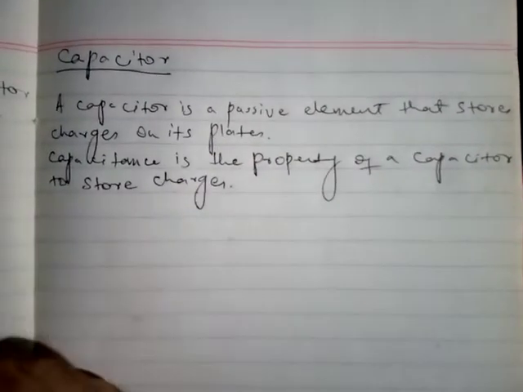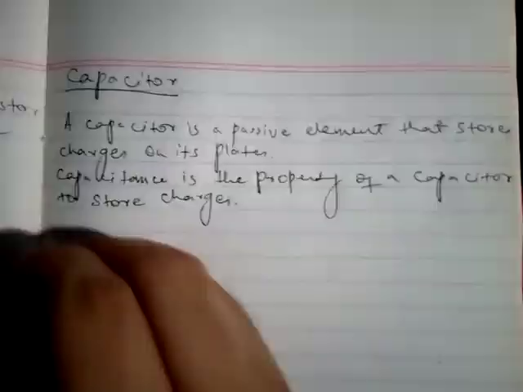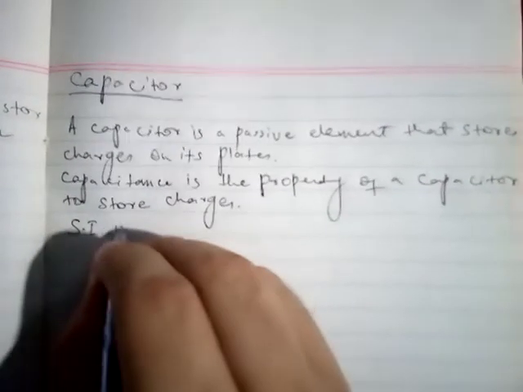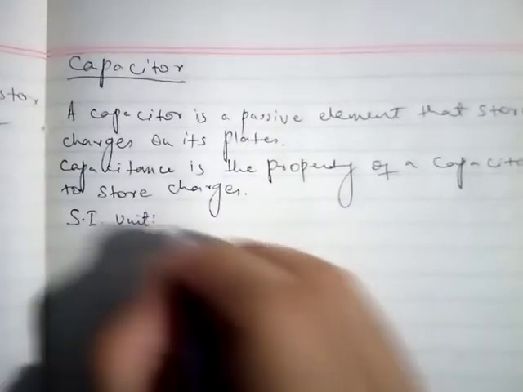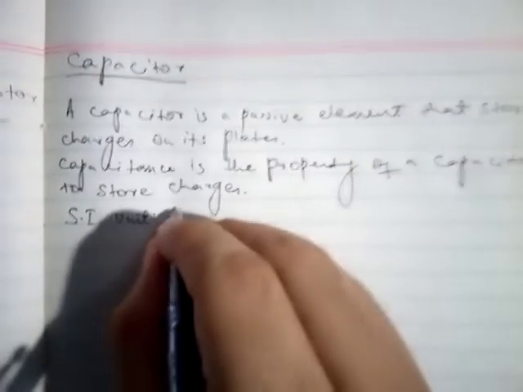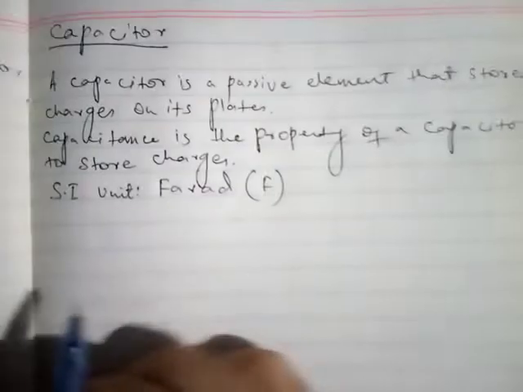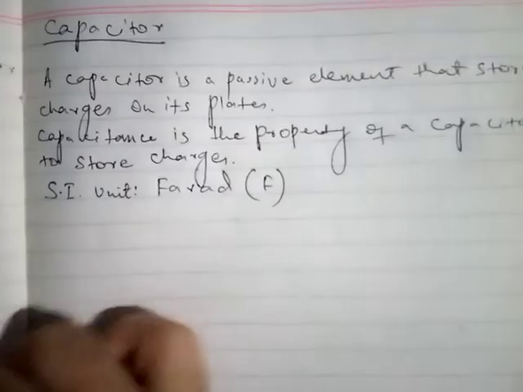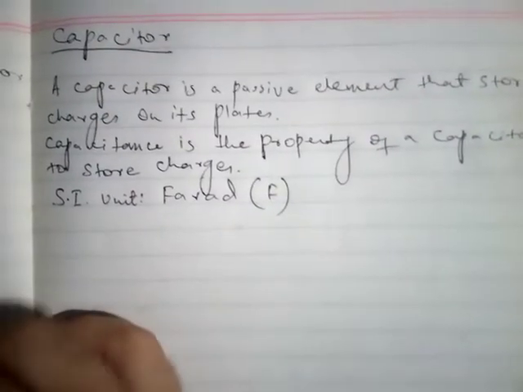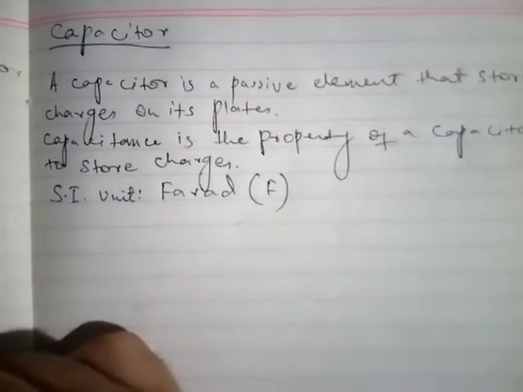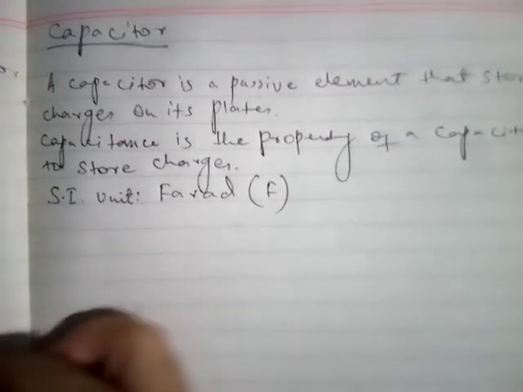What is the SI unit of capacitance? The SI unit of capacitance is farad, and it is denoted by the symbol F. It could be capital F, it could be small f, and Farad is the name of the scientist who has lent his name to the SI unit of capacitance.